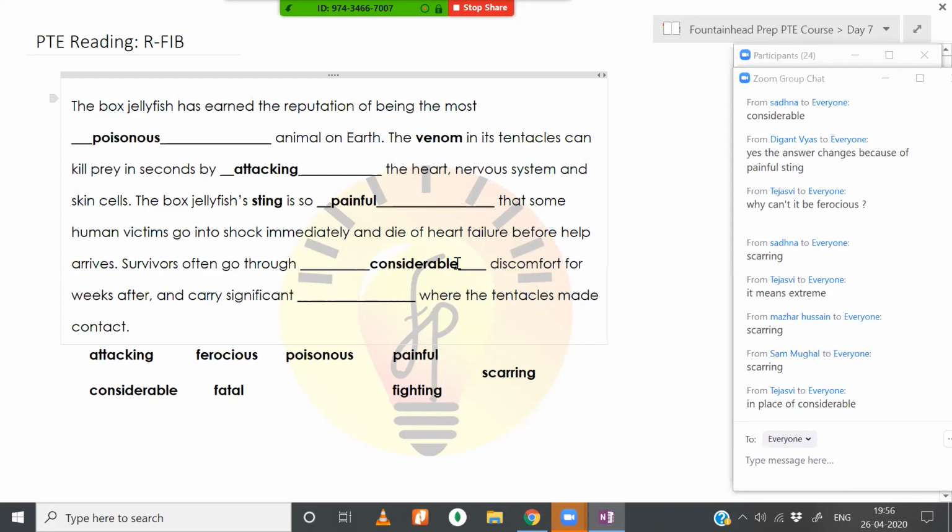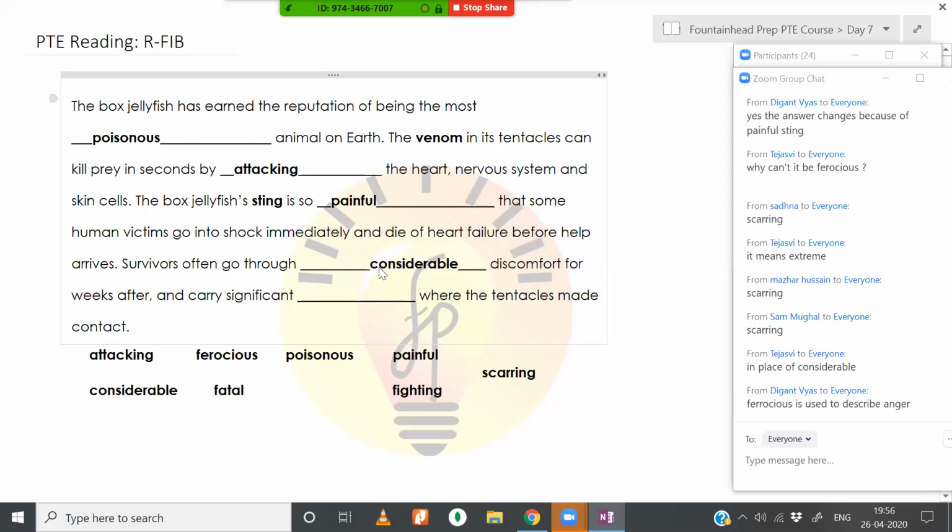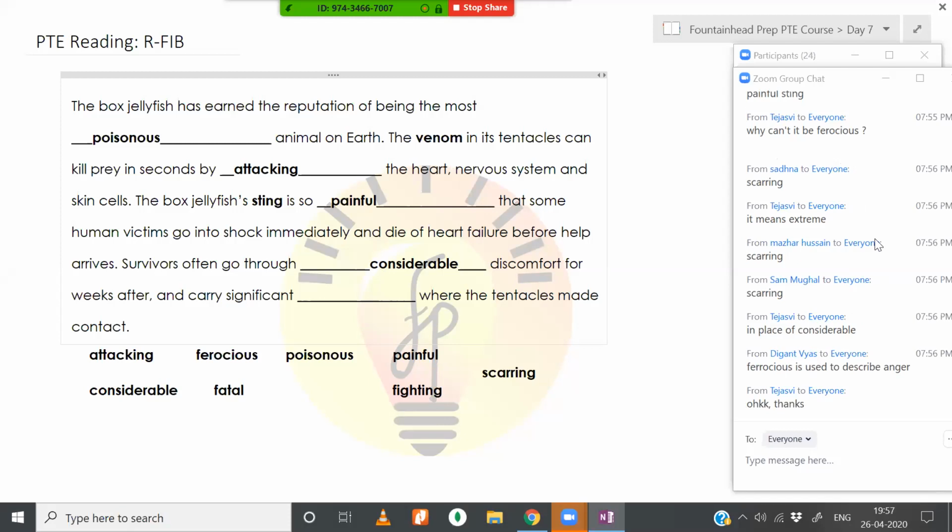You don't say ferocious discomfort. Ferocious usually means aggressive, violent, cruel. That kind of connotation is attached to the word. For example, someone pointed out that you could say ferocious tiger. So it's cruel, violent, that sort of connotation.